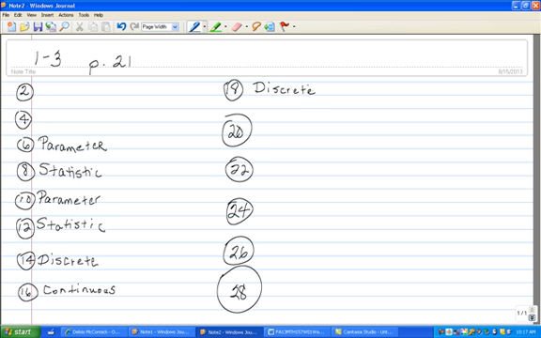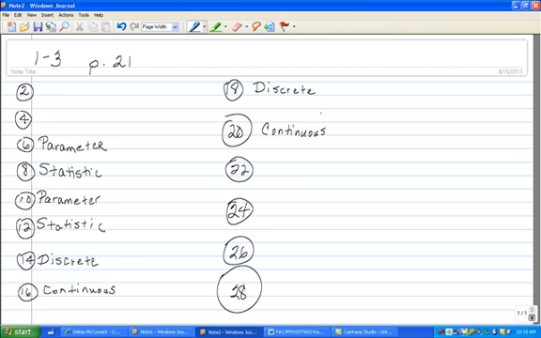Arm circumference from data set 1 in Appendix B, we see that a female had an arm circumference of 27.5 centimeters. So again, we're measuring along an interval, including fractions, so that one would be continuous. So you can see counting and measuring is basically what we're getting it down to.